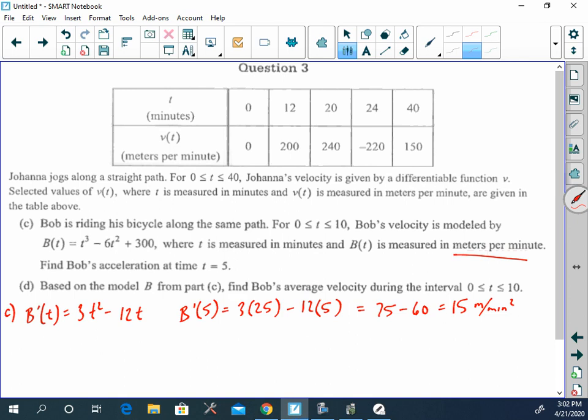If I check the key here, it says uses b prime of t as a point, so we did that, and then the answer of 15 is your other point. So we got our 2 points there. Now for part D, D says based on the model B from part C, so we're still using this model, find his average velocity during the interval.